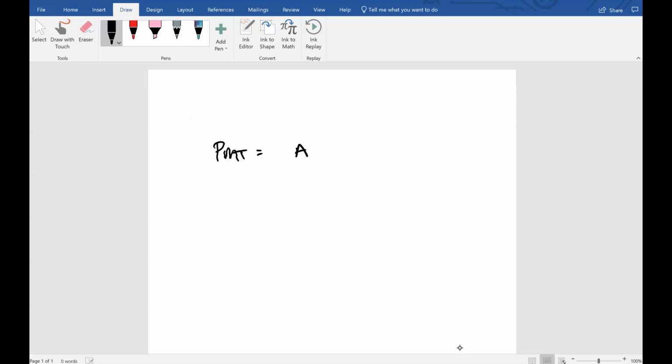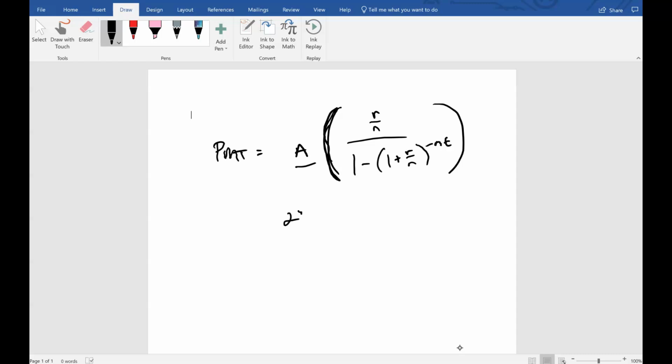It's going to be the amount, which is the purchase price, times R over N, divided by 1 minus the quantity 1 plus R over N to the negative N times T. Doing order of operations, we want to start inside the parentheses first, and then take that answer and multiply it by our A, which is the purchase price.